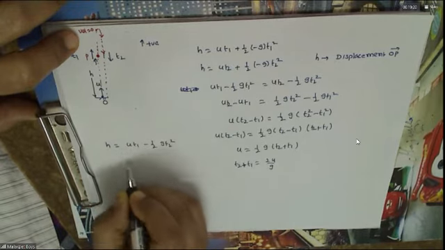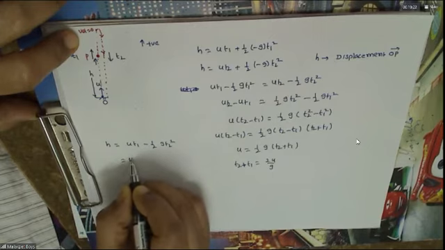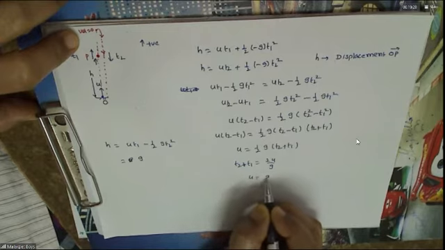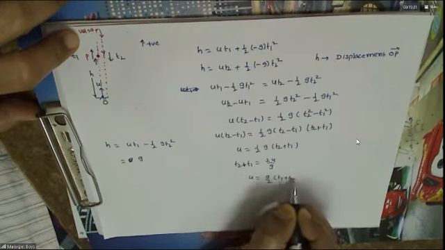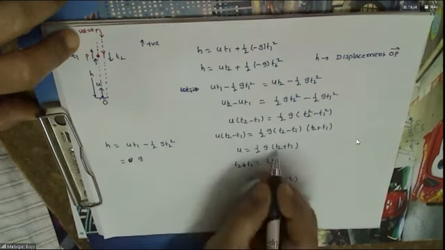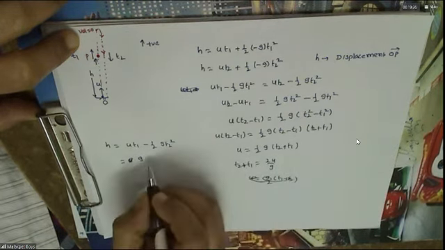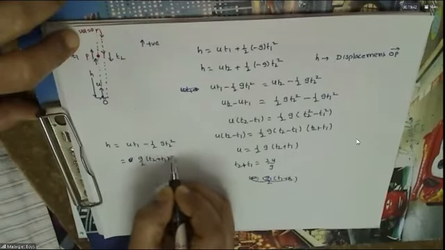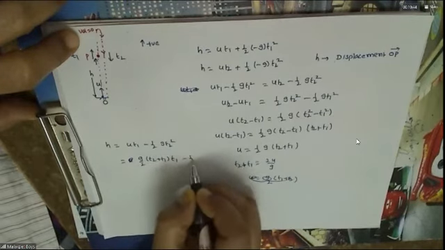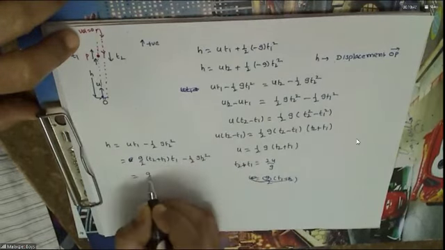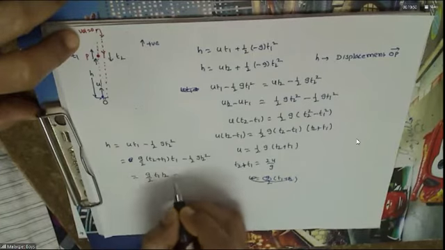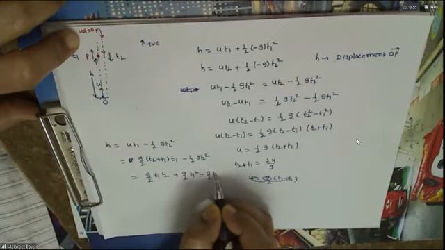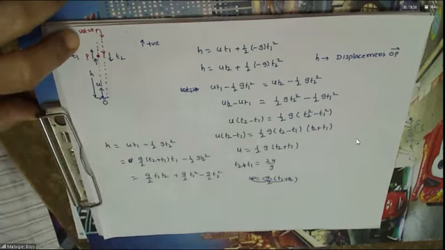And if you simplify, U is nothing but this value is there, no? This value. Do you agree with this?